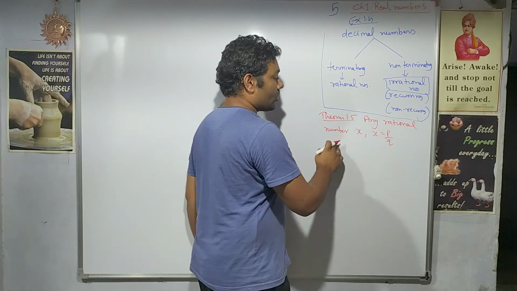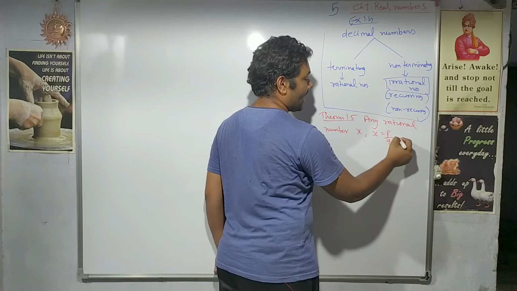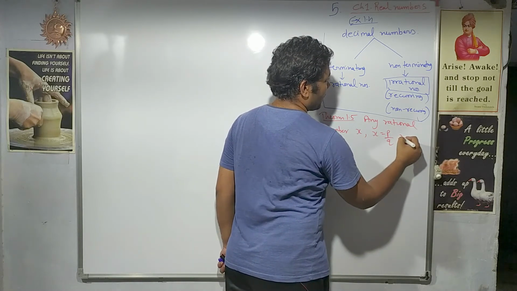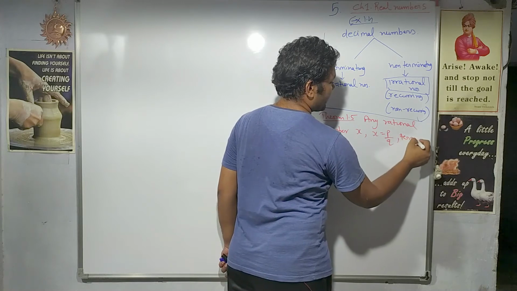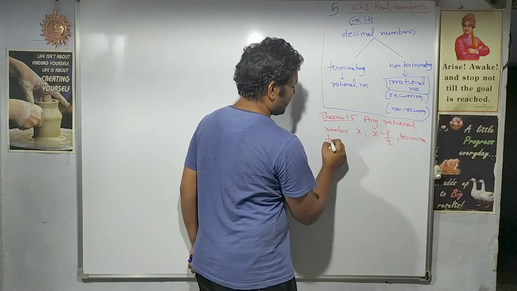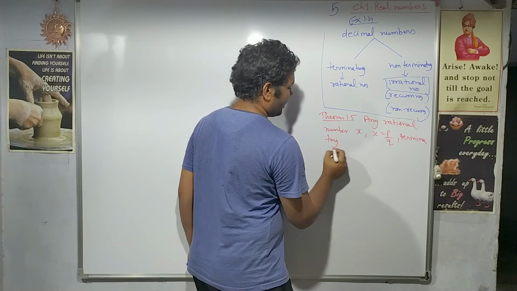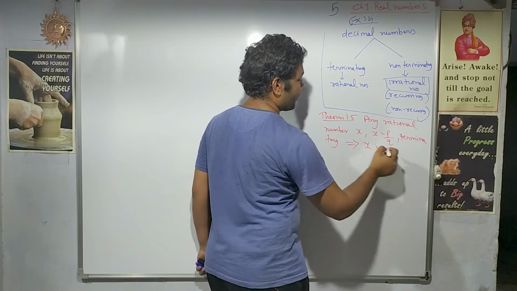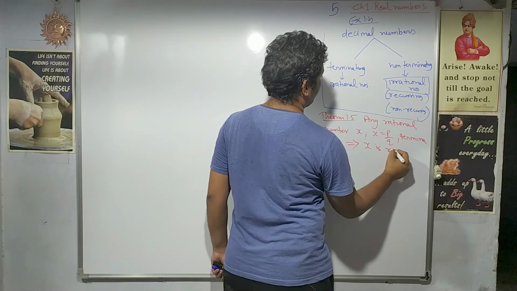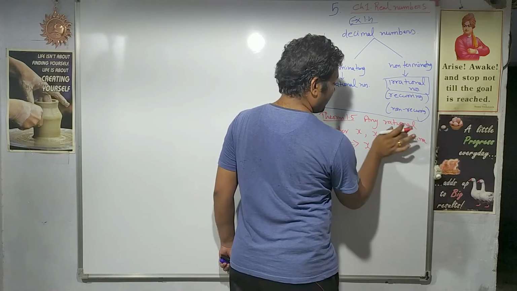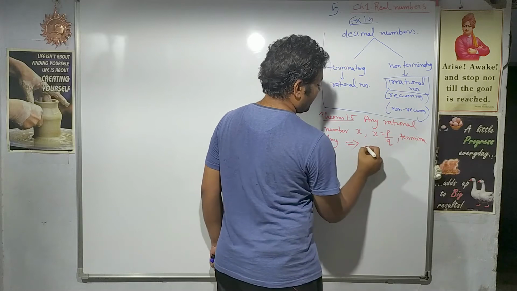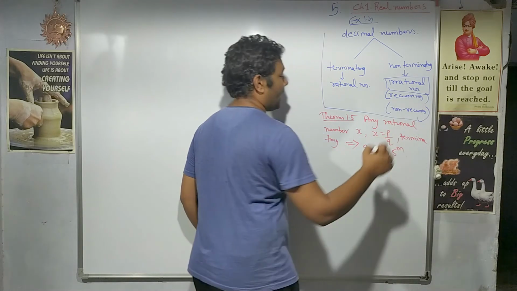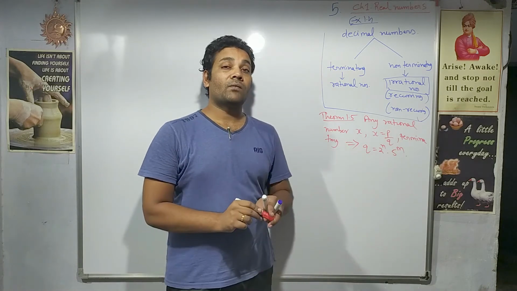If x is a terminating decimal, then we lead to the conclusion that q is of the format 2 to the power n or 5 to the power m. That is what theorem number 1.5 is.